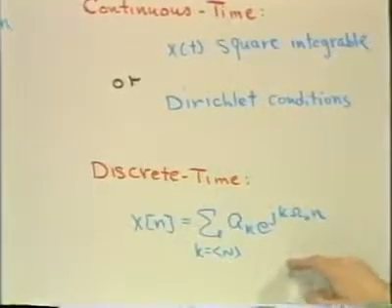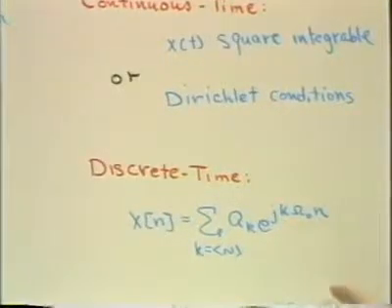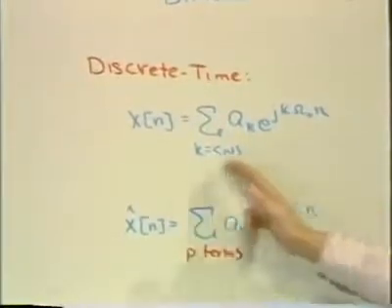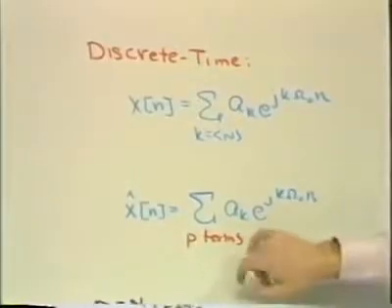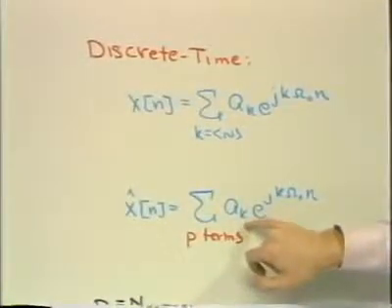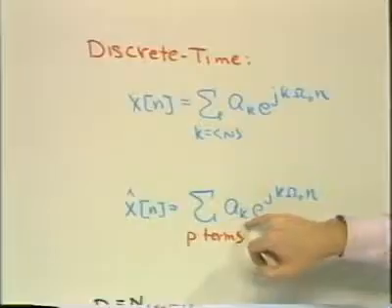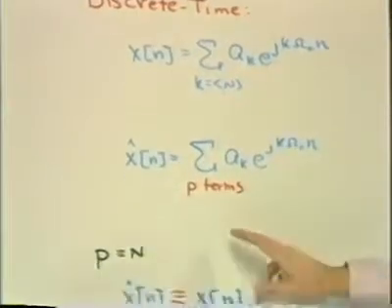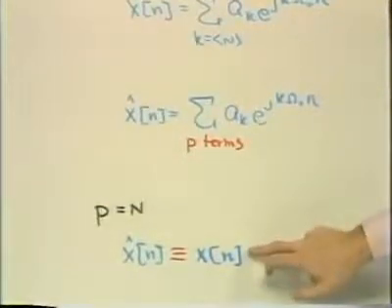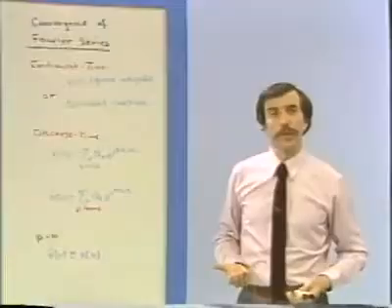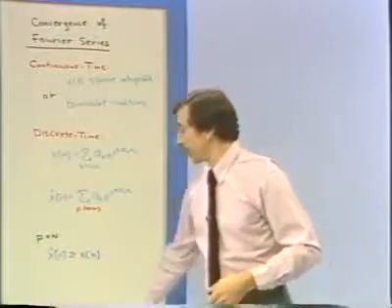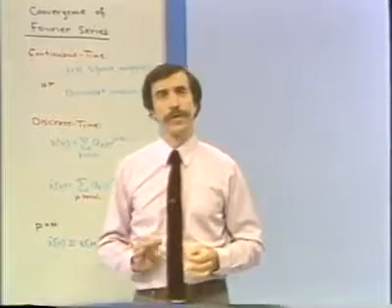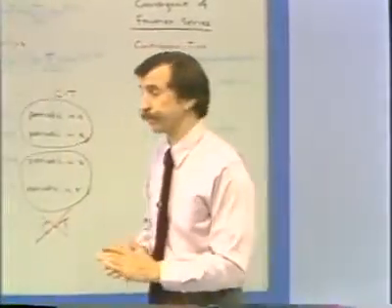If we consider the partial sum, namely taking a smaller number of terms, then simply what happens is as the number of terms increases to the finite number required to represent x of n, we simply end up with the partial sum representing the finite length sequence. What all that boils down to is the statement that in discrete time, there really are no convergence issues as there were in continuous time.